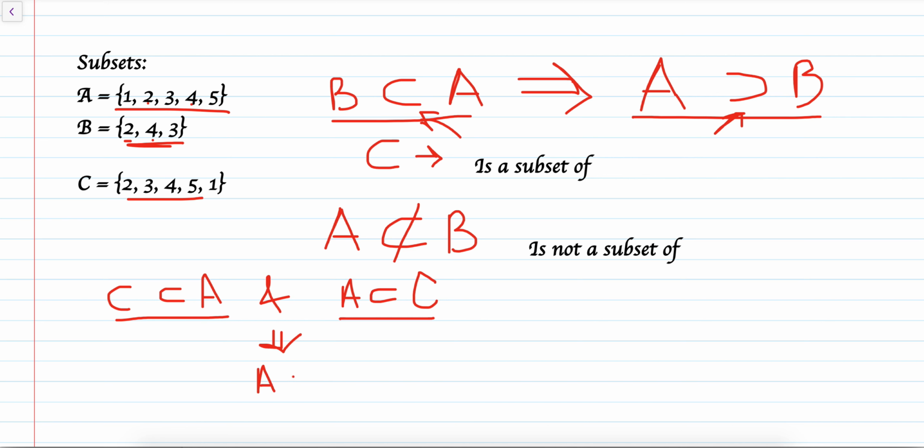A is equal to C. So every set is a subset of itself also, and it's also a superset of itself. So this is always true.